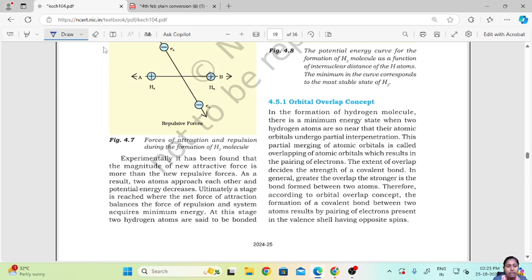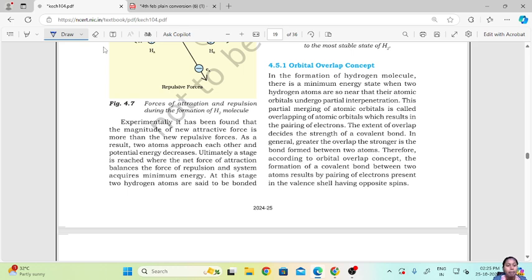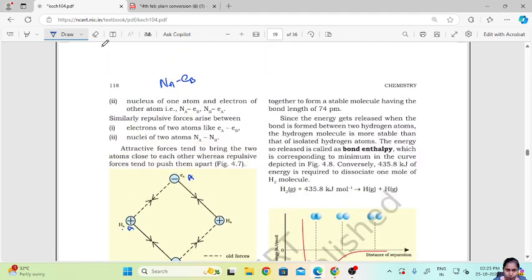So ultimately, a stage is reached where the net force of attraction balances the force of repulsion and the system acquires minimum energy. So once both the forces complement each other, the overall force balances. There is an equal amount of attraction and repulsion, which acquires minimum energy, and the molecule is stabilized. At this stage, two hydrogen atoms are said to be bonded.